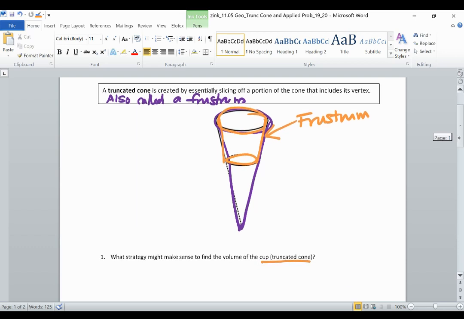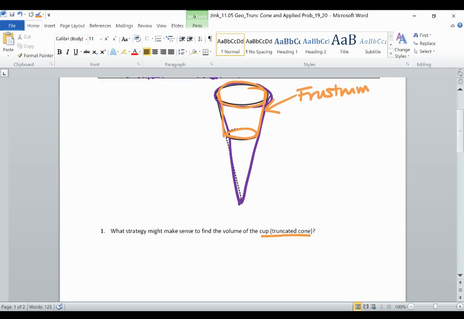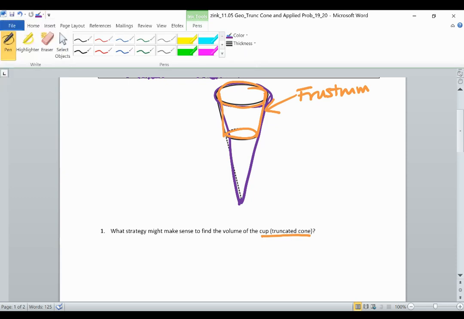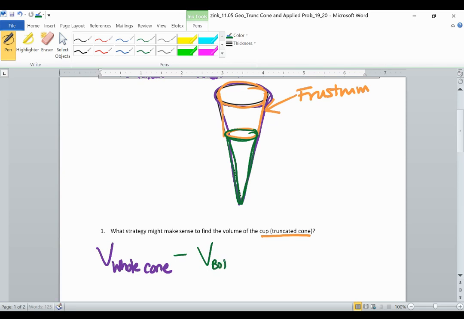All right, so hopefully you're thinking, if I take the volume of the whole cone, the purple cone, and then subtract this little cone, this green area right here, the bottom cone, which is dotted on your papers, mine's kind of covered up, that will give us the volume of what's left over, which would be the orange part, that frustrum, that truncated cone.